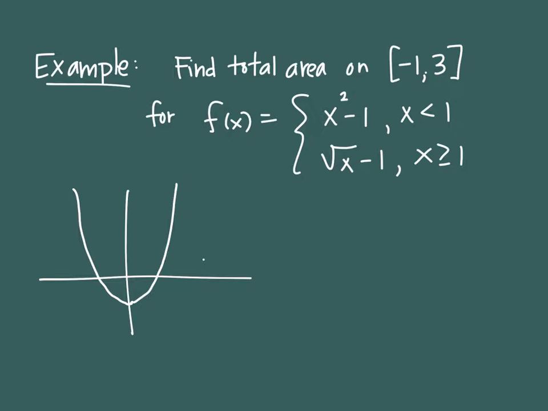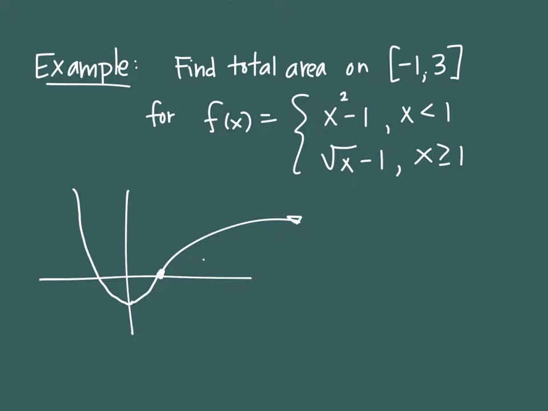However, our parabola is going to stop at the number 1, so I'm going to erase part of it. My parabola is only going to go up to that much. After that, at that connecting point, it's changing to a square root function, and the square root function is heading out that way. And so I want to find the total area from -1 to 3.